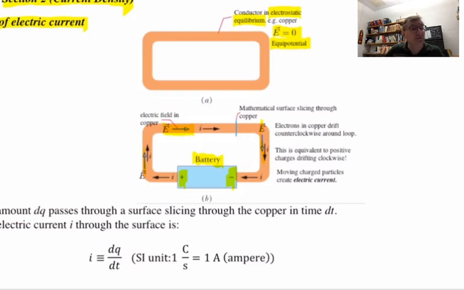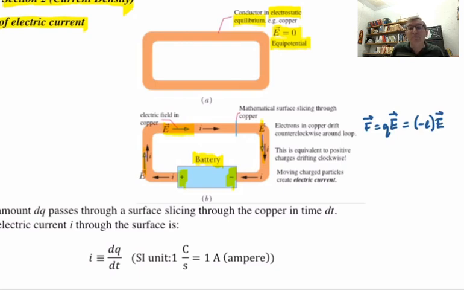It's just not in electrostatic equilibrium, because that electric field will exert an electric force on all those free electrons inside the copper. Now, remember good old F equals QE for the force on those electrons inside the copper, and that the Q of an electron is negative little e.